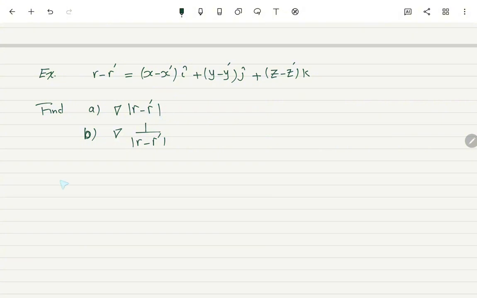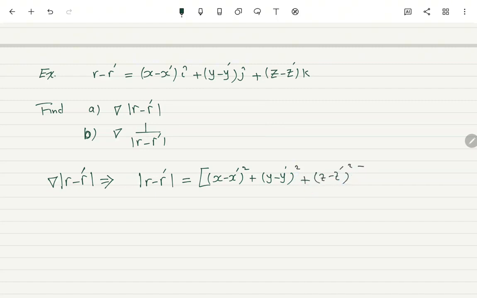First, let's find the gradient of the magnitude of r − r′. To find this, let's first find the magnitude of r − r′, which is equal to ((x − x′)² + (y − y′)² + (z − z′)²) all to the power half.